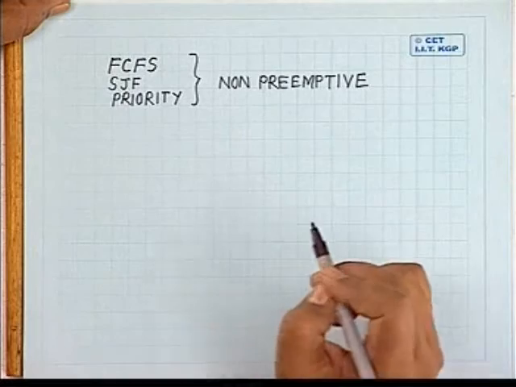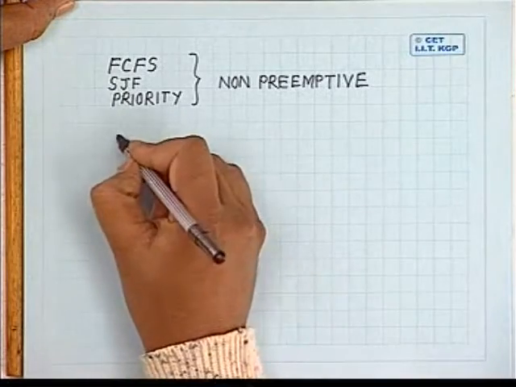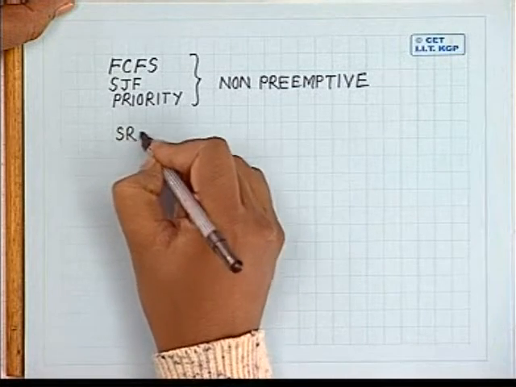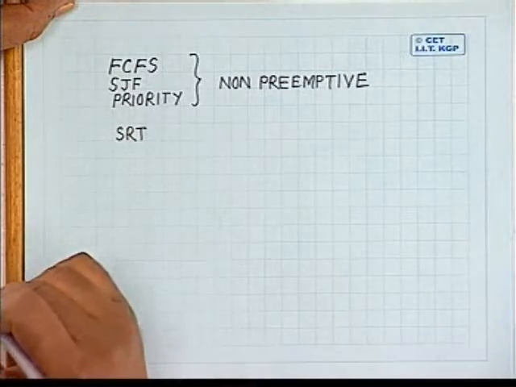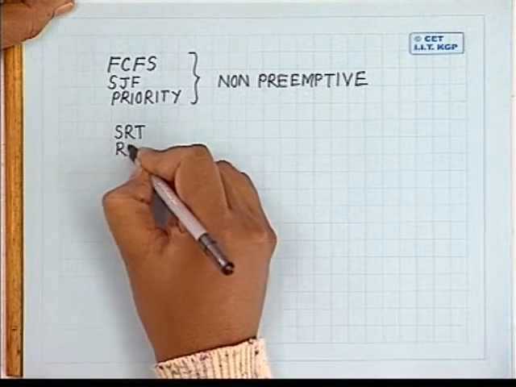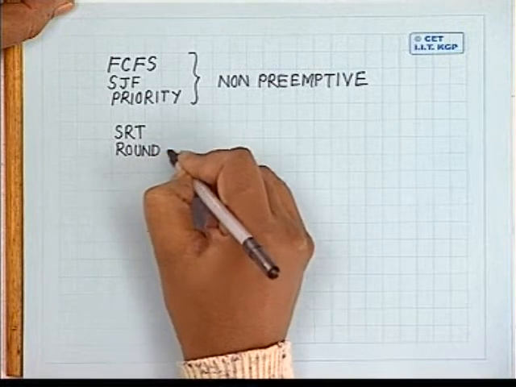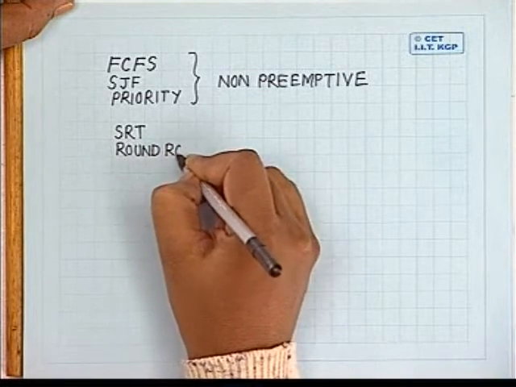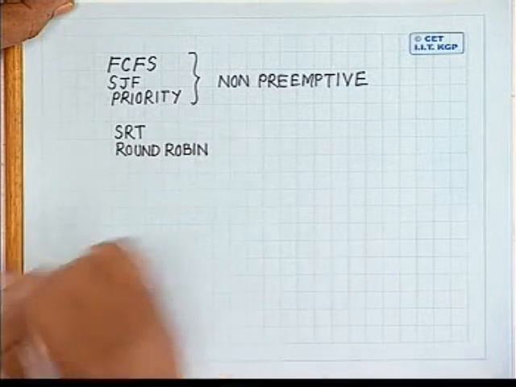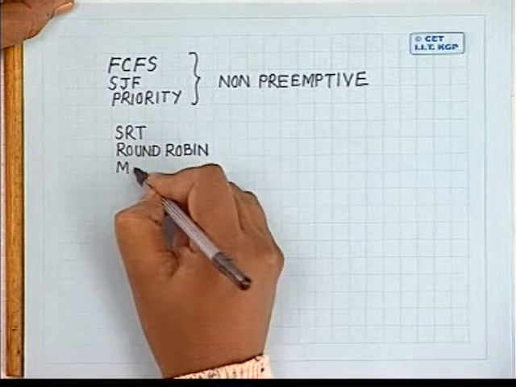Among the other category, we have talked about the shortest remaining time first scheduling, SRT, and we have also talked about the round robin scheduling, and we have also talked about the multi-level feedback queue.